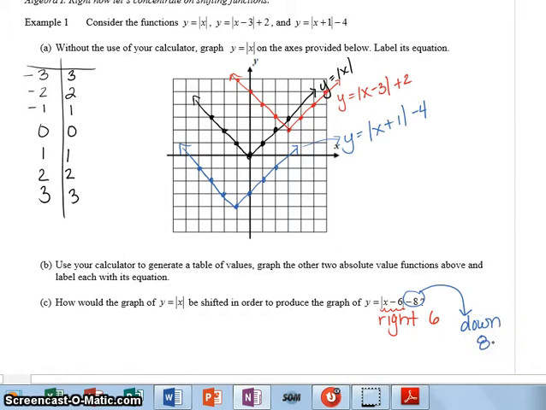Okay, so whatever's inside the absolute value, or inside the square root, or inside the set of parentheses, it's always going to be the opposite, and that's your shift on x. That's moving left and right in the opposite direction. But whatever's on the outside is the shift vertically on your y, and that is what it is. So if it's negative, you move down. If it's positive, you move up.